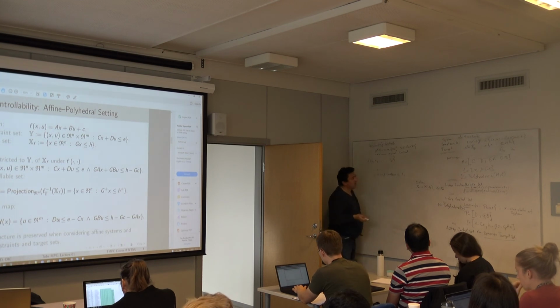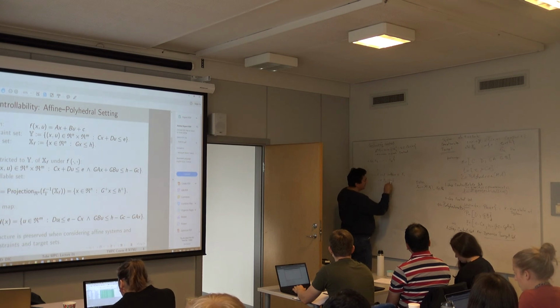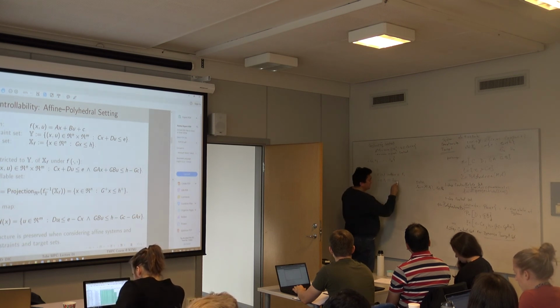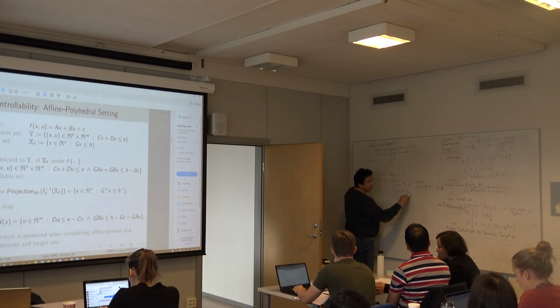Now, if you find the smallest such i, what does that mean? That means that for this x, we have this inclusion, x element of x_i. But this implies that there is a control u such that (x,u) satisfy the constraints Y and the system f(x,u) goes to the set x_{i-1}.